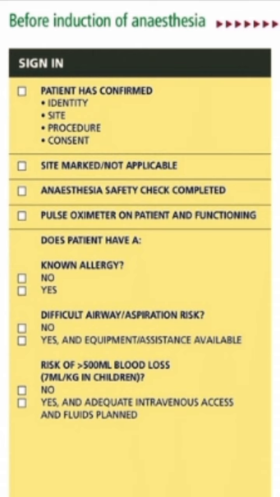And in case of children, if the blood loss is more than 7 ml per kg, then also the team members will make ready the blood and blood products earlier. Thus, depending upon the surgery or the procedure, all these things are made ready earlier, and all these things are recorded in the OT checklist.